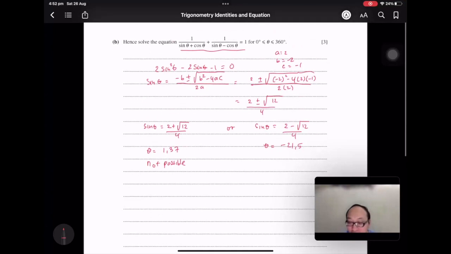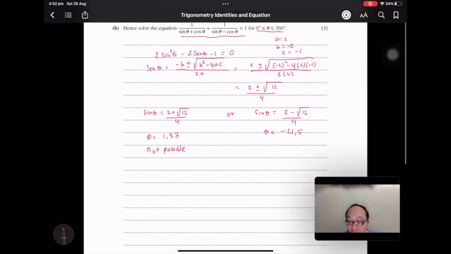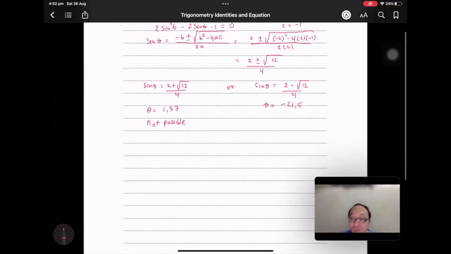But we have to find the region between 0 until 360. So quadrant 1 until quadrant 4. So we cannot use the negative value. We find this angle in, since sine is negative, that means it will be in quadrant 3 and quadrant 4, because 2 minus root 12 over 4 is negative.